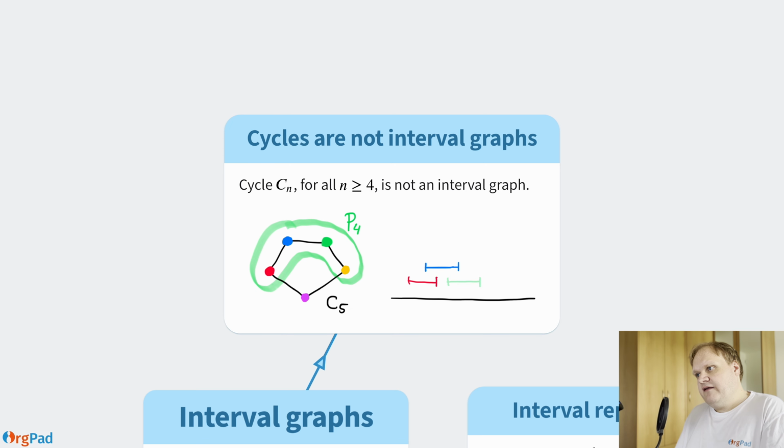Then the green one is forced to look like this, and the yellow one is forced to look like this. But now it is no longer possible to add the last missing vertex, because it should intersect the red one and the yellow one and skip over all the vertices in between. But that's not possible. So cycles cannot be represented by intervals.